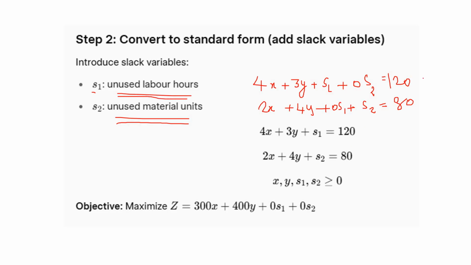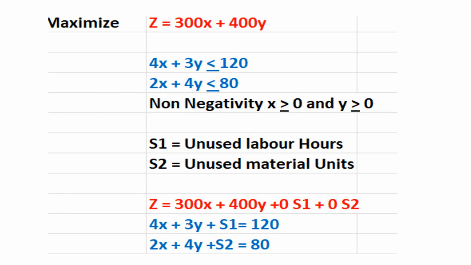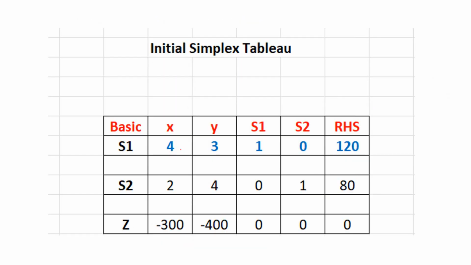Now this is the equation 1 and this is equation 2, and you are maximizing the profit. While maximizing the profit, you had 0 s1, 0 s2. Then finally you are going to write all these things in this format. So here you write x, y, s1, s2, RHS. Then here you put basic. Okay, these are the basic variables. And s1 and s2 you write here.